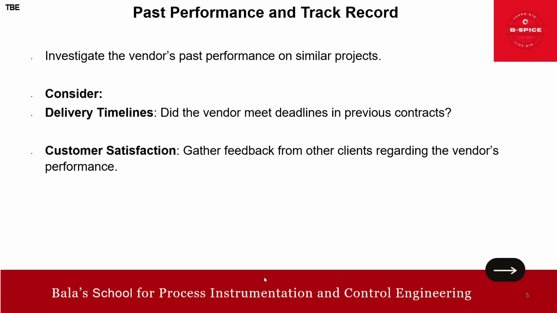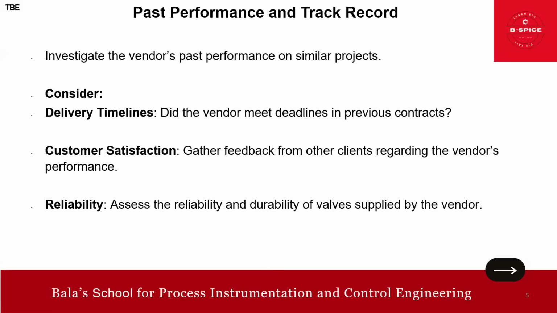Then customer satisfaction: gather feedback from other clients regarding the vendor's performance. Of course, the reliability: assess the reliability and durability of the valves or instruments supplied by the vendor. So this is about our past performance and track record.